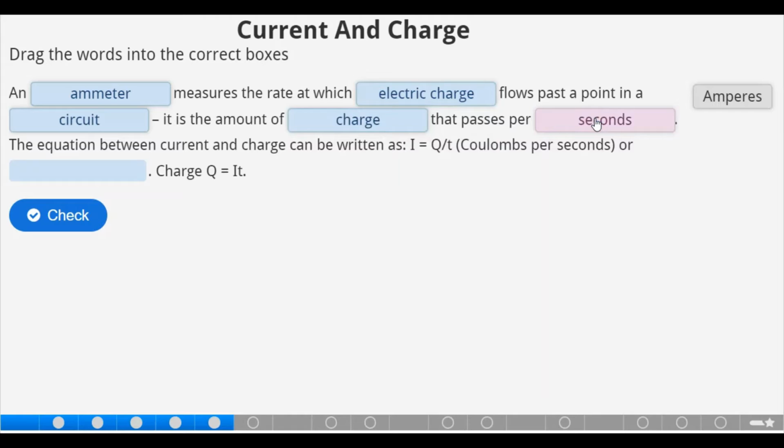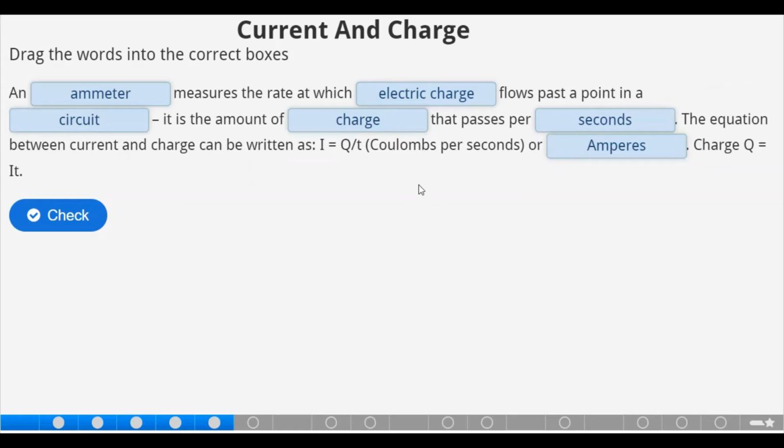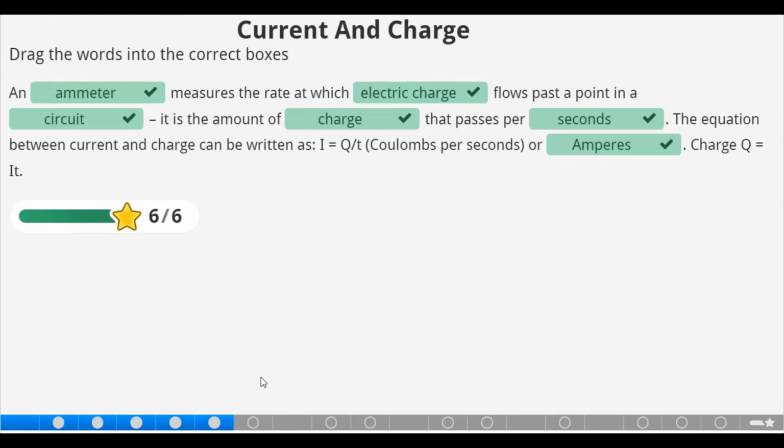The equation between current and charge can be written as I, representing current, is equal to Q, representing charge, per unit time, that is T, representing time. Now the unit is what? Coulomb per second or amperes. Whereas charge Q is equal to current multiplied by time. Let's check. That is it.